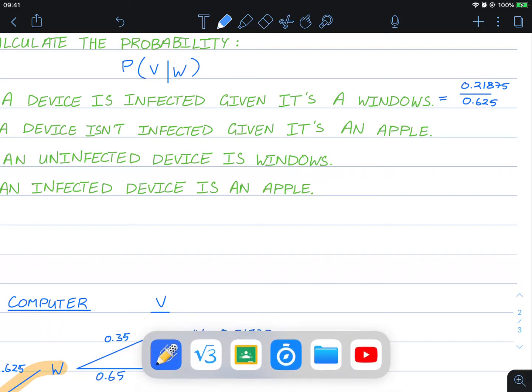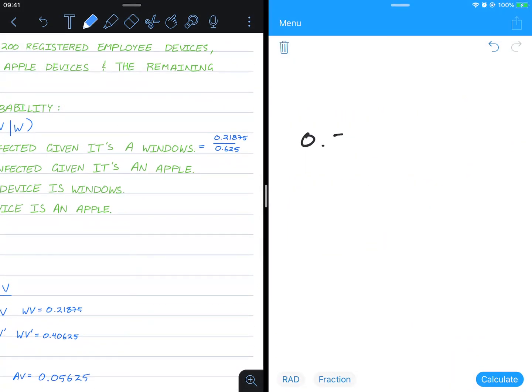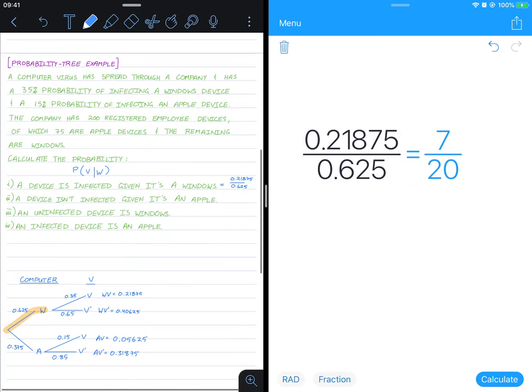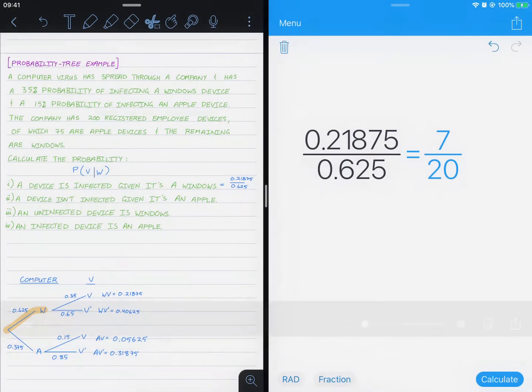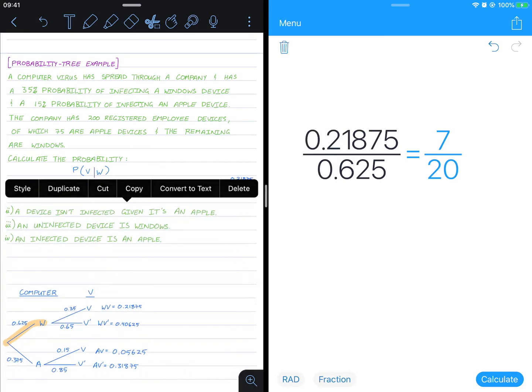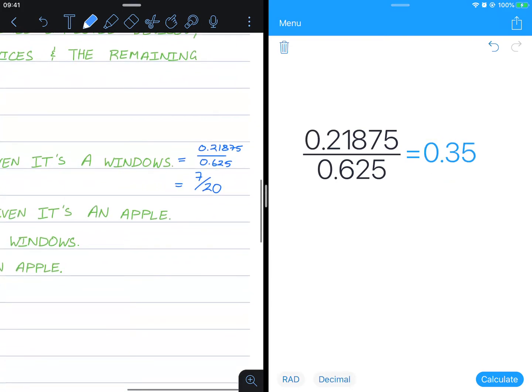Calculating that, that's a 7 in 20 chance, or as a decimal, 0.35.